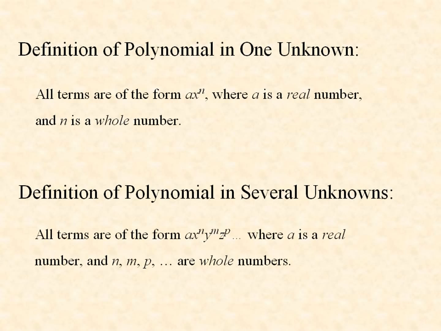All terms are of the form ax to the n, y to the m, z to the p, etc., where a is a real number and n, m, p, and so forth are whole numbers. In other words, the exponents of the variables must be whole numbers. That means numbers like 0, 1, 2, 3, etc.